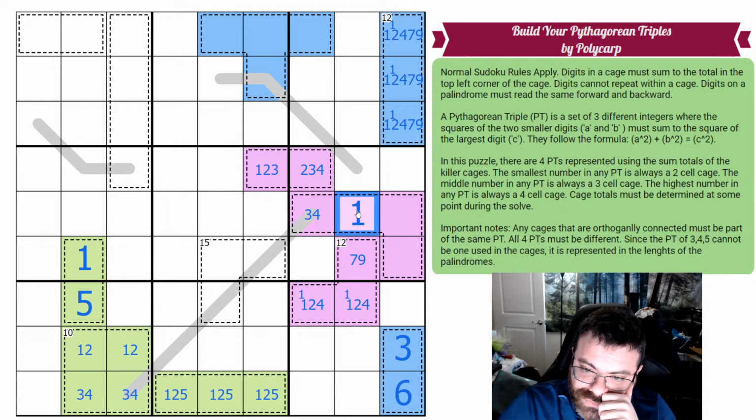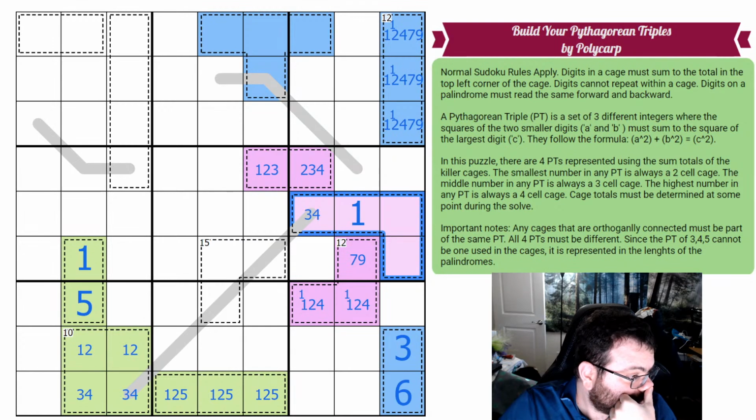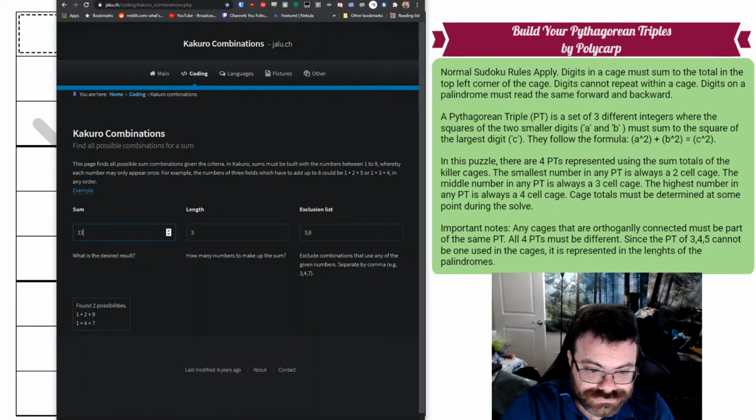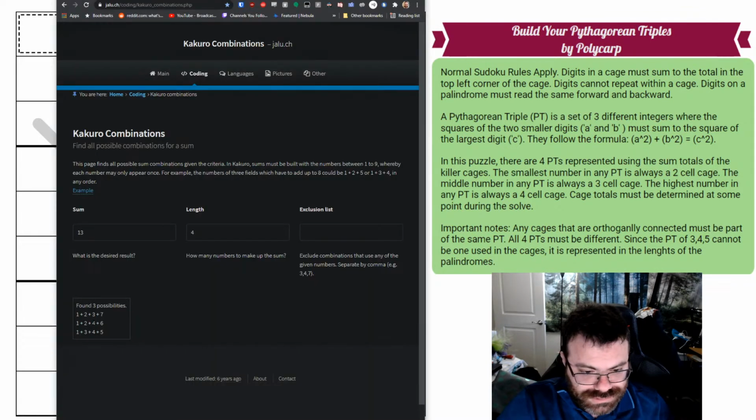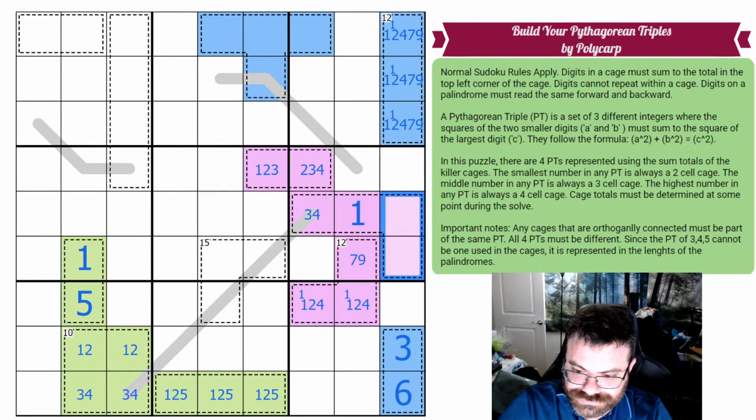So now that we know this has a 1 in it, this added to 15. No, it was 5, 12, 13. So it's 1, 2, 3, 7 or 1, 2, 4, 6. And it can't have a 6 anymore.